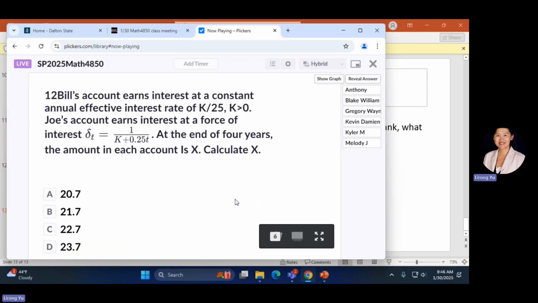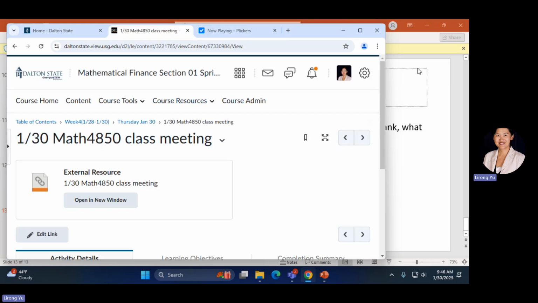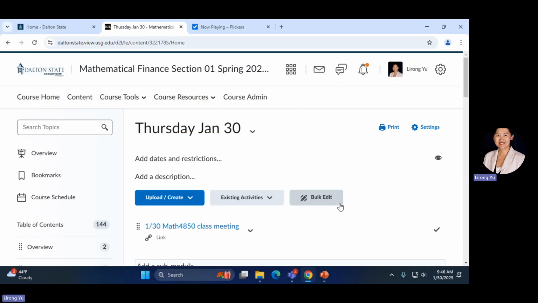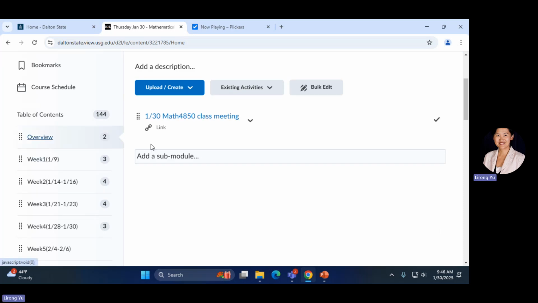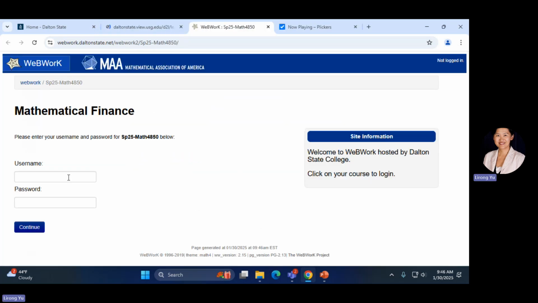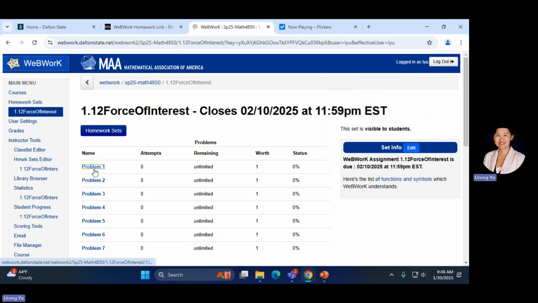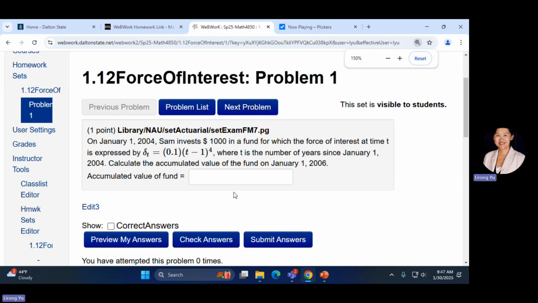The assignment I assigned on section 12 is over the force of interest, and we can try to practice something related to it. Force of interest assignments are mostly like this: you are given the force of interest formula, and the question is to calculate the cumulative value.